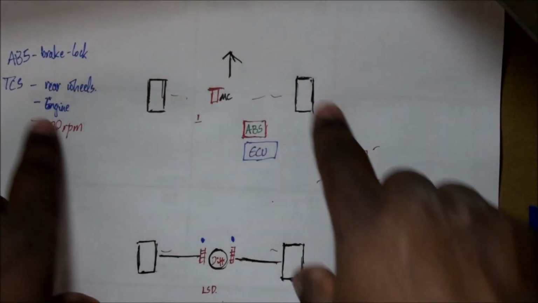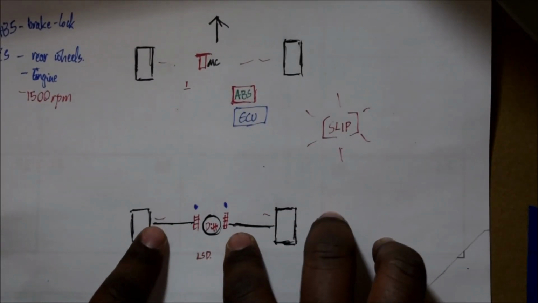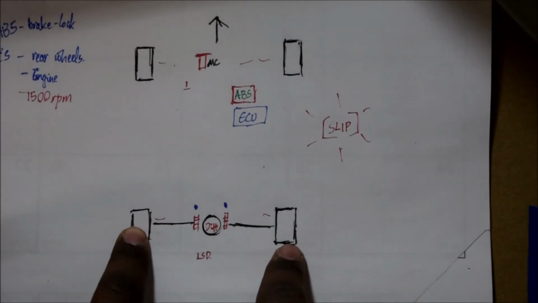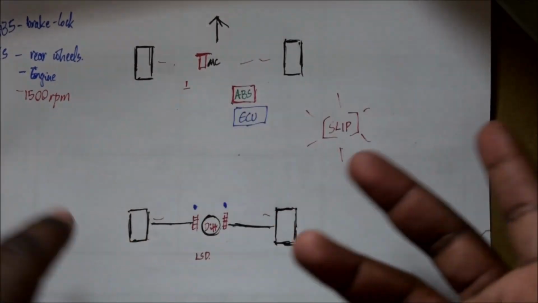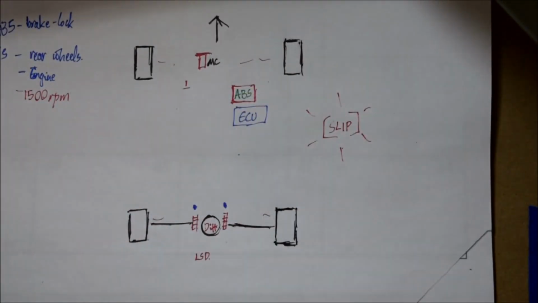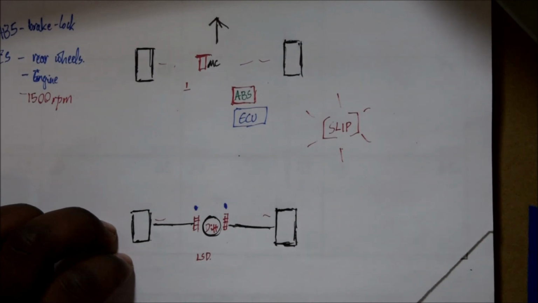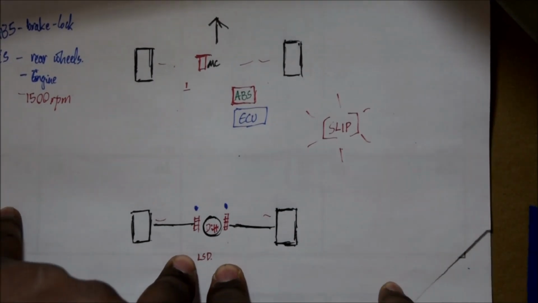So let's come back to this differential thing that I was talking about earlier, right? The differential is supposed to allow your wheels to turn at different speeds. Even the front ones, by the way, sometimes have differentials, and you have differentials in the center and all that, depending on the configuration of the car. Some cars, sports cars especially, and high performance cars come with a limited slip differential.